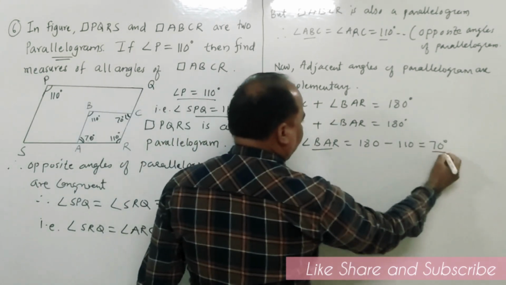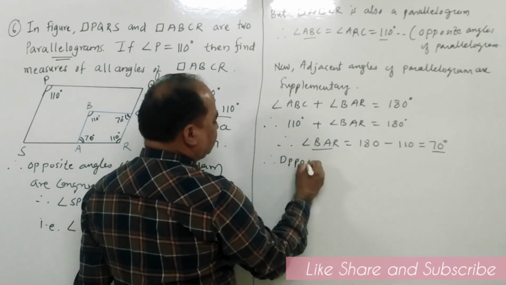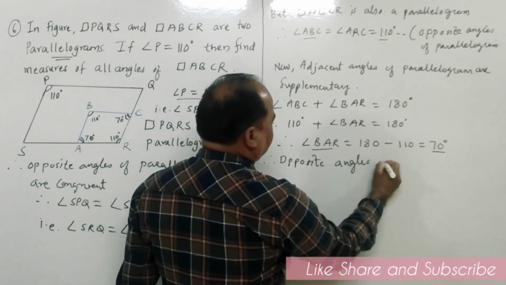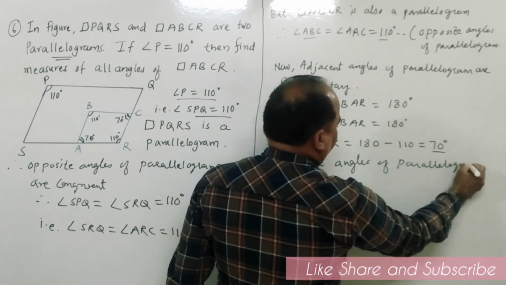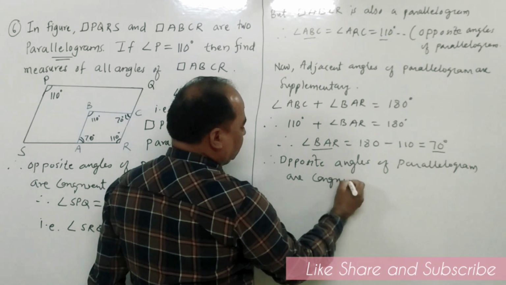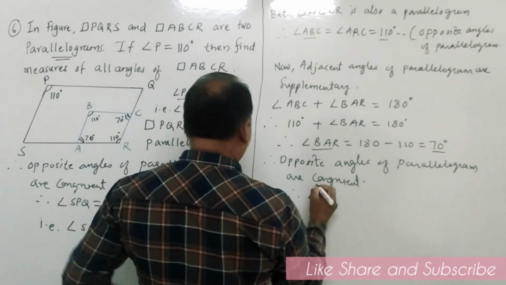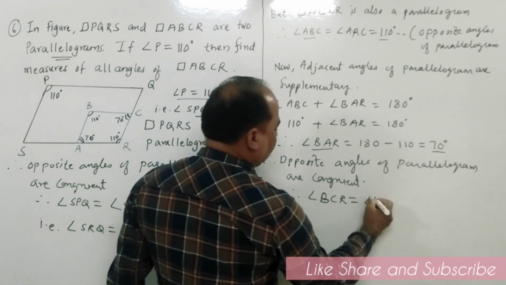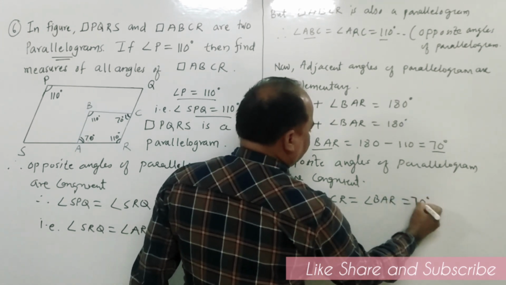But opposite angles of a parallelogram are congruent, they are equal. Therefore, angle BCR is equal to angle BAR is equal to 70 degrees.